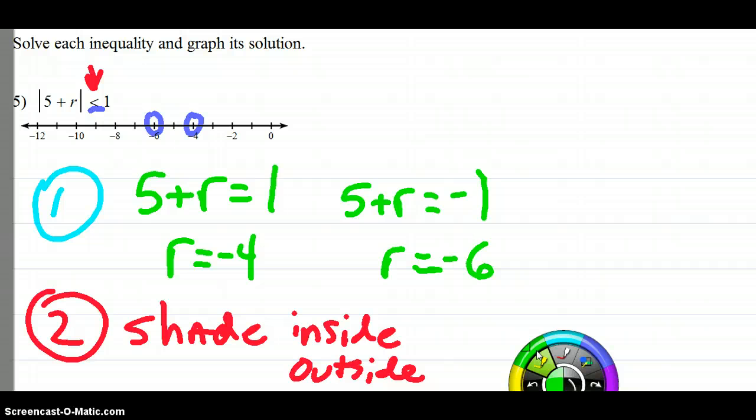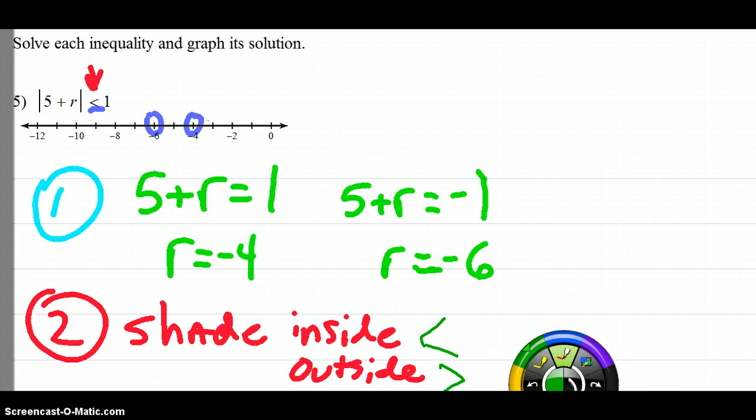And then we have to determine one of two things. Is it outside the endpoints, or should I shade inside the points? If you're a rules person and you remember that, if it's a less than, we shade inside, and if it's a greater than, we shade outside.